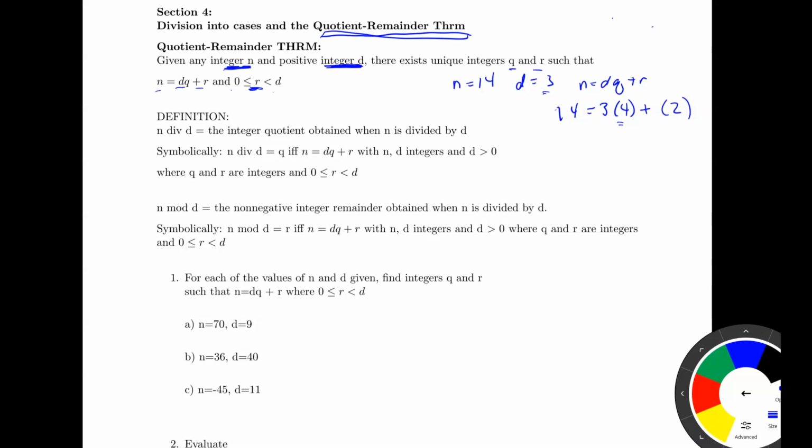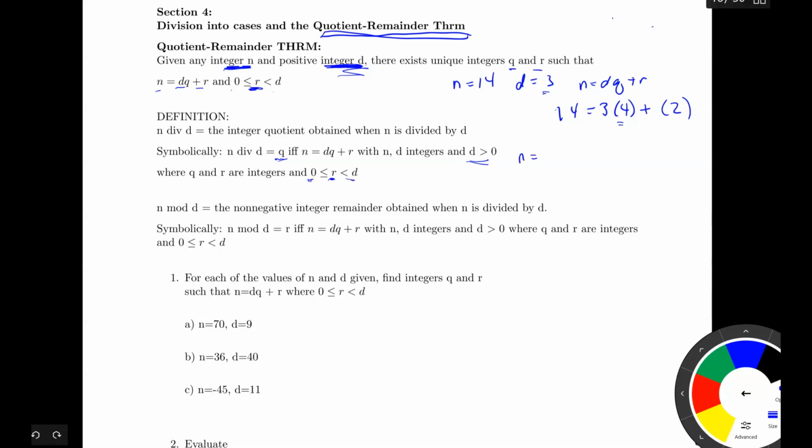Okay, so n div d is the number q, so that n equals dq plus r. The divisor, again, has to be bigger than 0. To be positive, so positive means not 0, right? Because 0 is not positive. And r, the remainder, could be 0, or go all the way up to just below d.